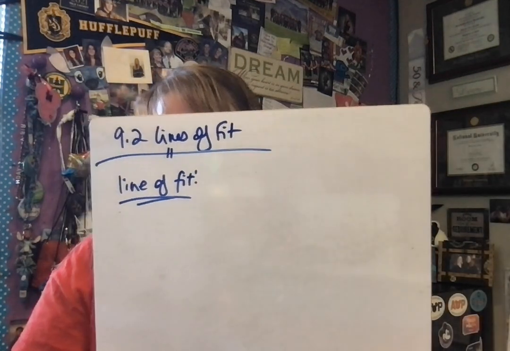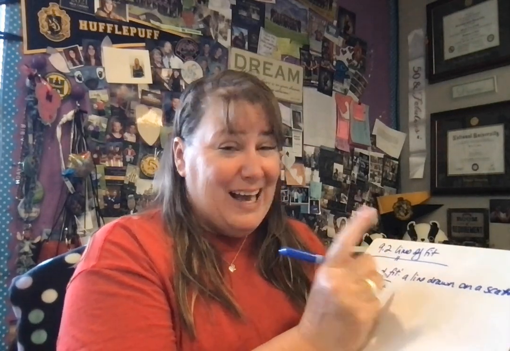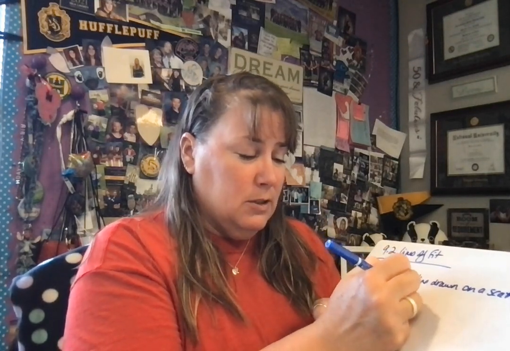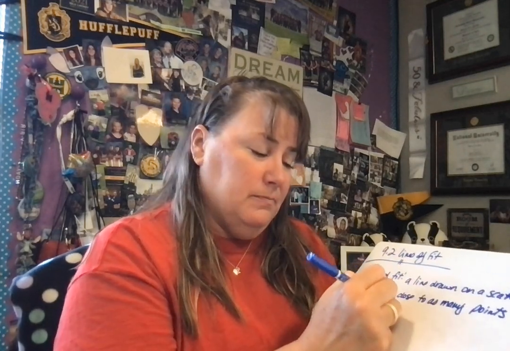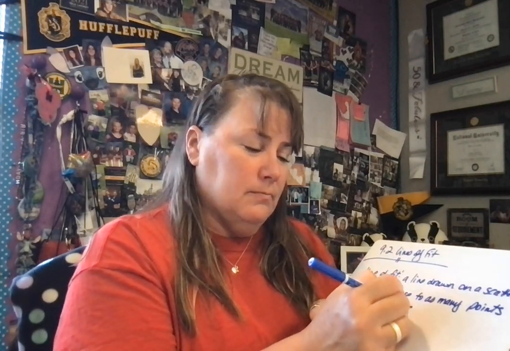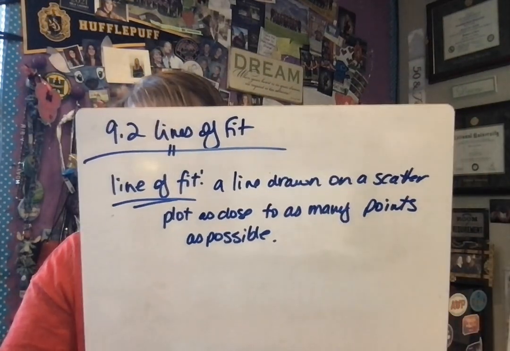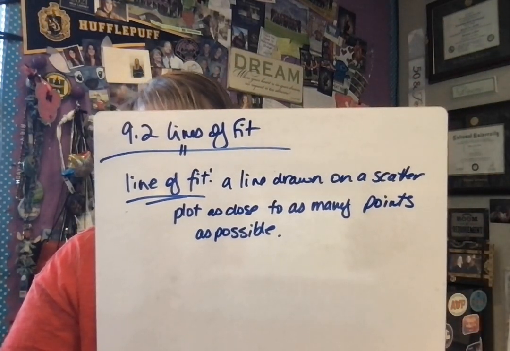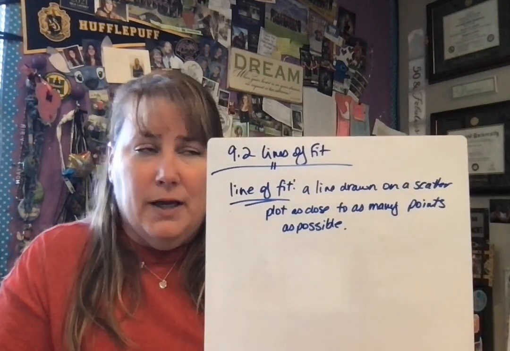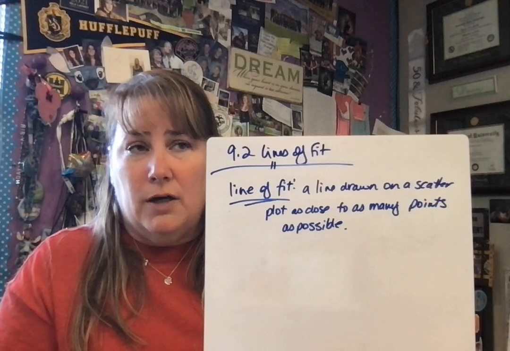What it is, it's a line drawn on a scatter plot as close to as many data points as possible. What it is, it's used for estimations on your data.